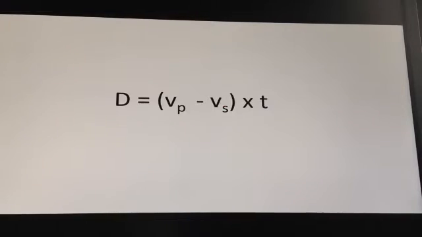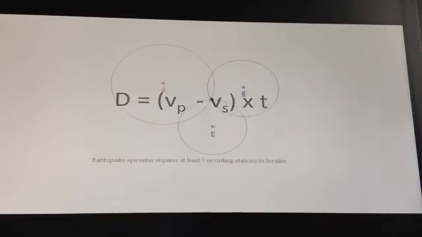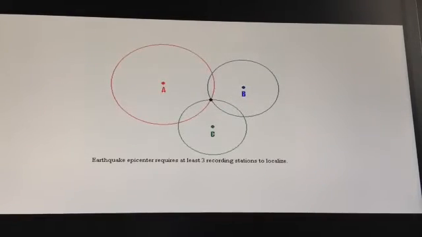Don't worry, you haven't got to learn this formula, but what I'm showing you is if we know the speed of the P wave and we know the speed of the S wave, and we know the SP time, the time difference between when those two waves arrive at the point, that distance can be calculated. Using 3 such seismometer stations to calculate those distances, the exact location of the earthquake can be pinpointed.